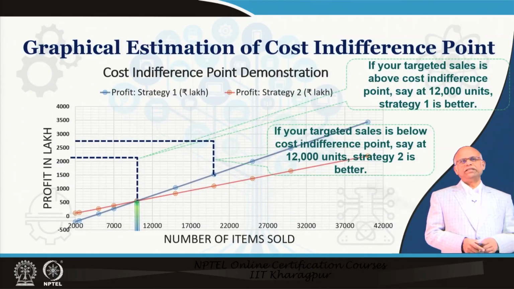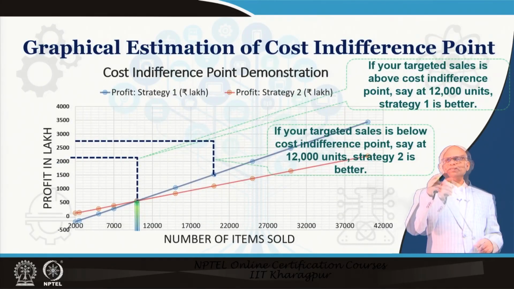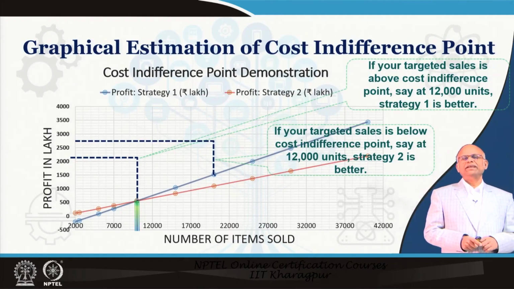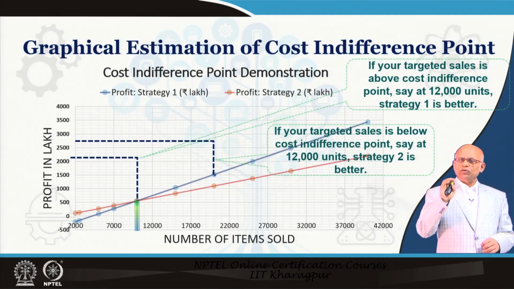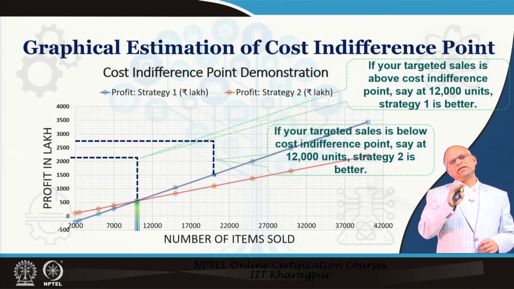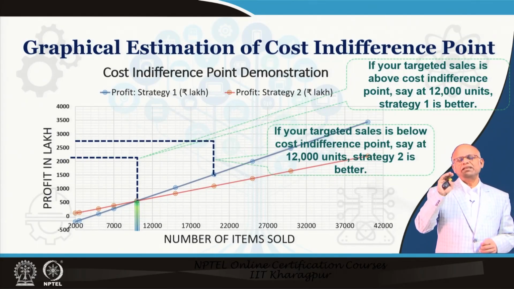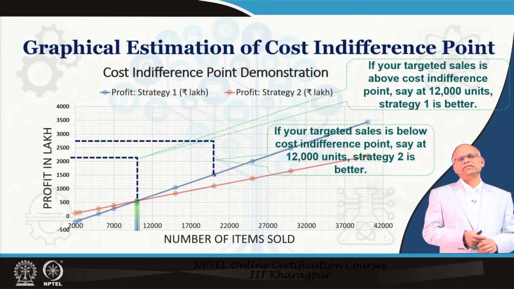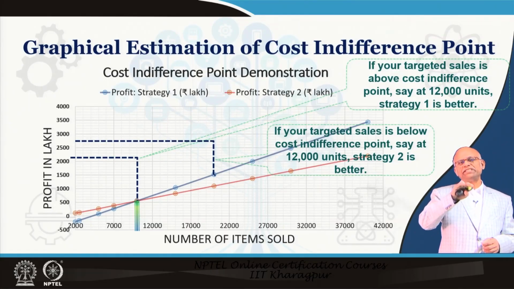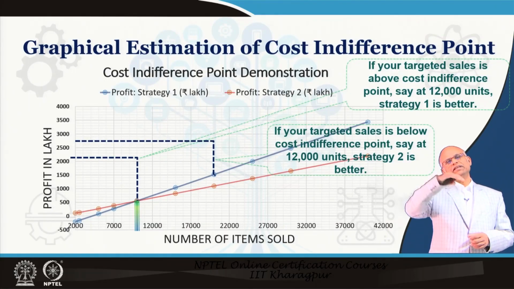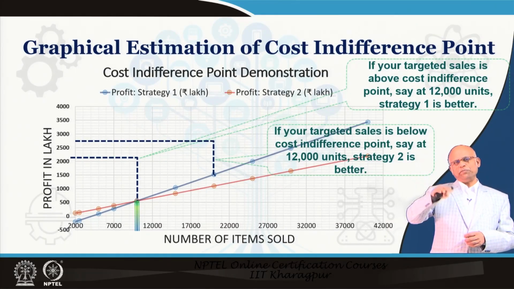Let us show it graphically. Suppose the orange line has high margin at low capacity. That means it has low marginal contribution. That is why the profit is increasing slowly, not drastically, compared to the other.